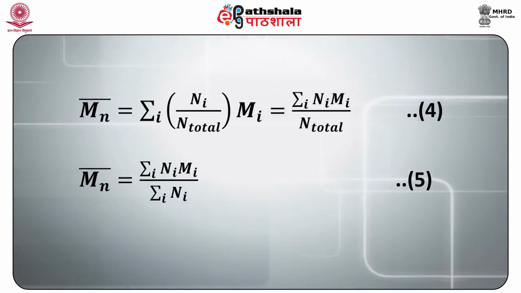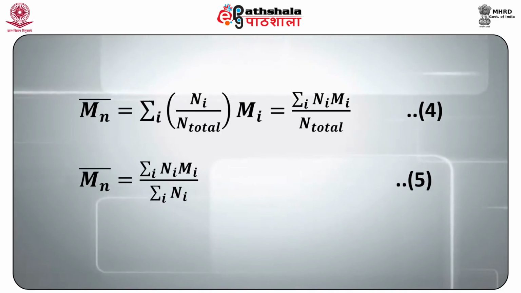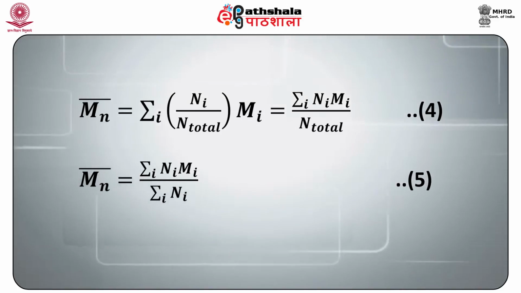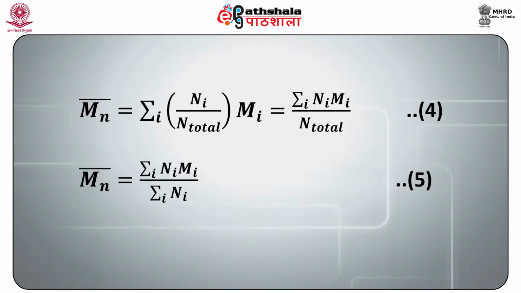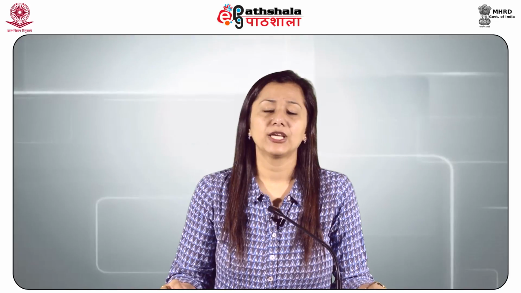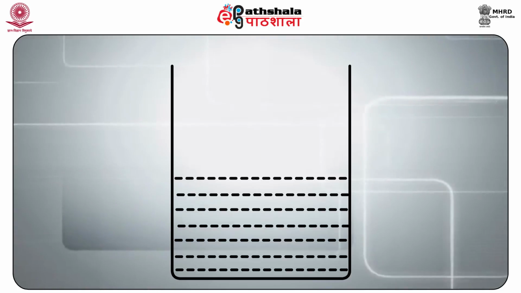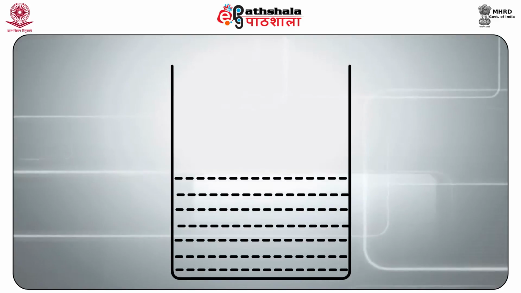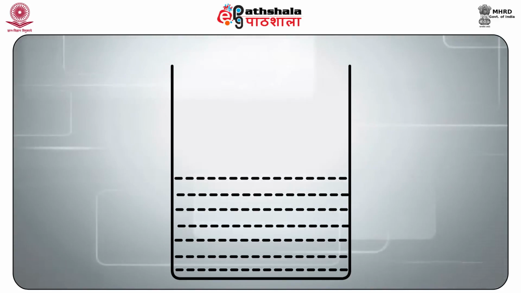Substituting equation 3 in equation 4, Mn becomes equal to summation Ni Mi divided by summation Ni. This is our equation 5. The expression for number average molar mass in terms of number of moles and number fraction can be derived in the following manner. Figure 1 shows the polymer sample containing Ni chains of i-mers.